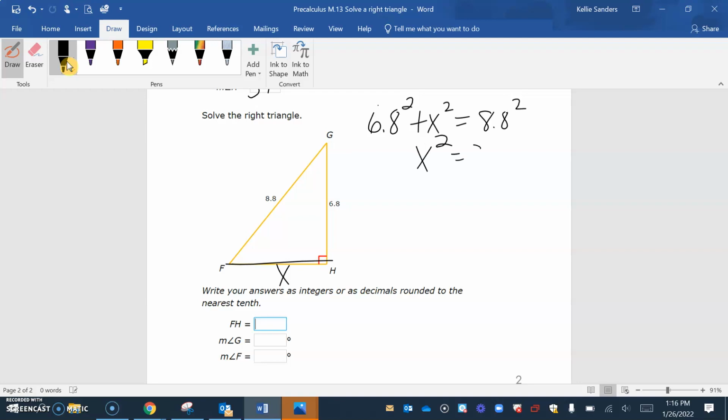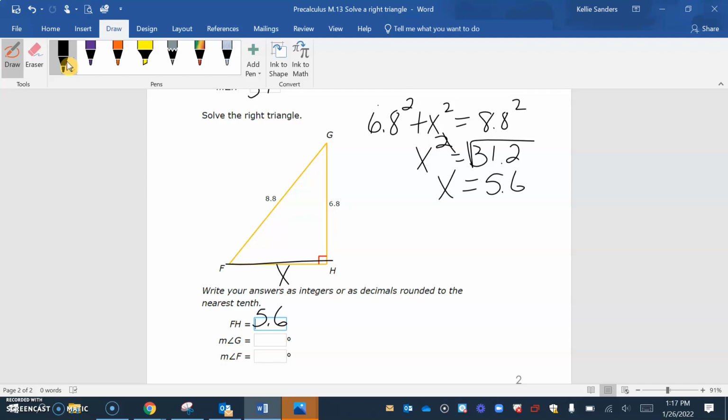So x squared equals 31.2. So if I take the square root of that, and we're rounding to the nearest tenth, it's going to be 5.6, which is FH.